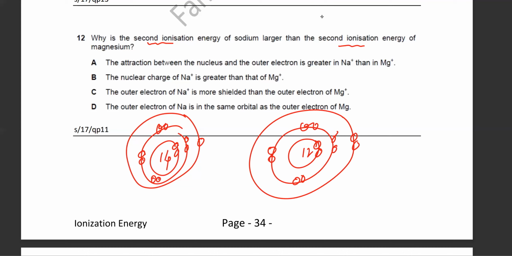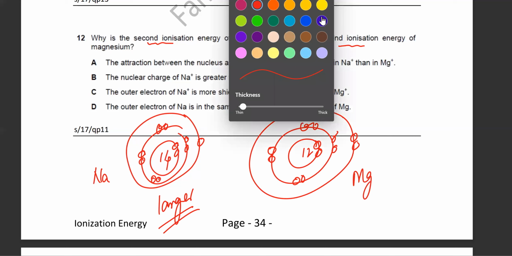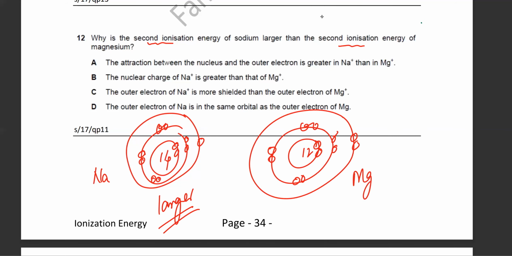So tell me, what's the reason for the second ionization energy of sodium? He's saying this is larger compared to magnesium. So why is sodium's second ionization energy larger than magnesium's? What could be the reason for that?